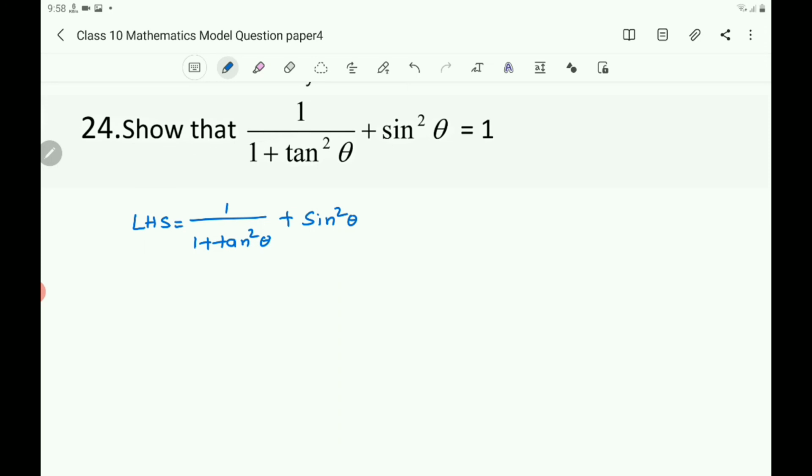Consider the LHS. Now you write 1 by 1 plus tan square theta is sec square theta, plus sine square theta, because you know that 1 plus tan square theta is secant square theta.